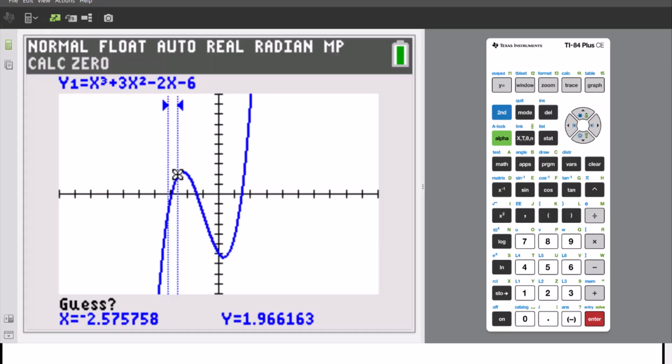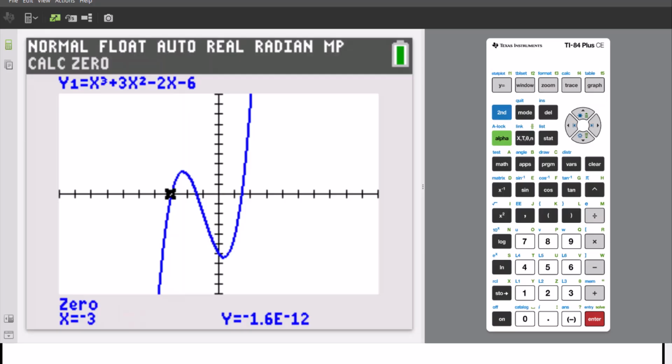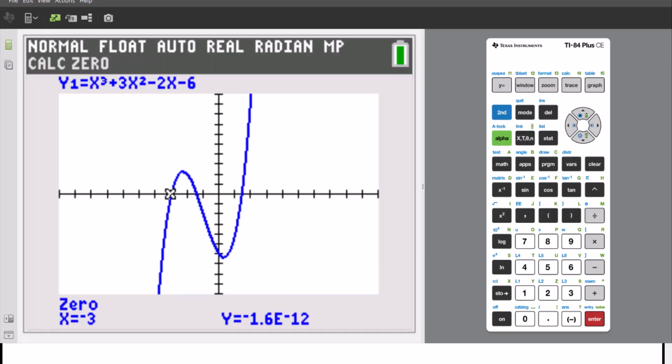The smaller the gap between the left and the right bounds is, the faster your calculator is going to return the solution, because you're giving it fewer values to look through. So we click enter, and there we have it. The calculator found the 0. It says that the 0 is at x equal to -3.